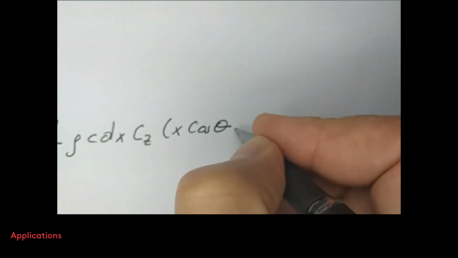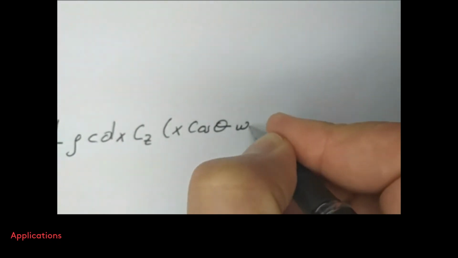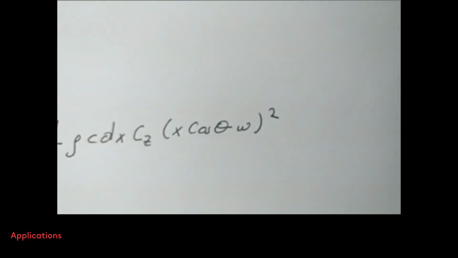This gives us the velocity squared of it. So this is the element dFz.